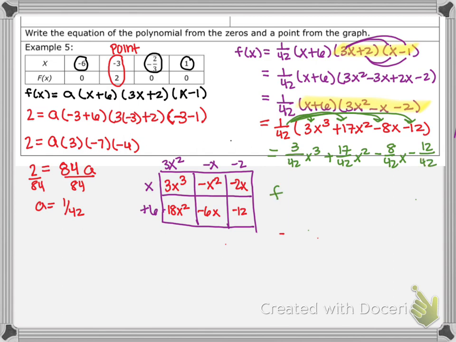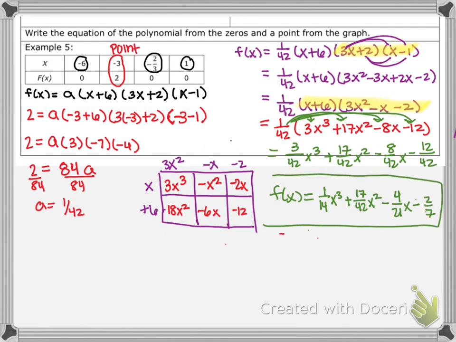Now, if we can simplify that, simplify your fractions. So 3 over 42 becomes 1 over 14 x cubed. 17 over 42, that's going to stay 17 over 42. And then 8 over 42 becomes 4 over 21. And then 12 over 42 is going to become 2 over 7. And then that is your final answer. So if you can reduce your fractions, reduce your fractions.